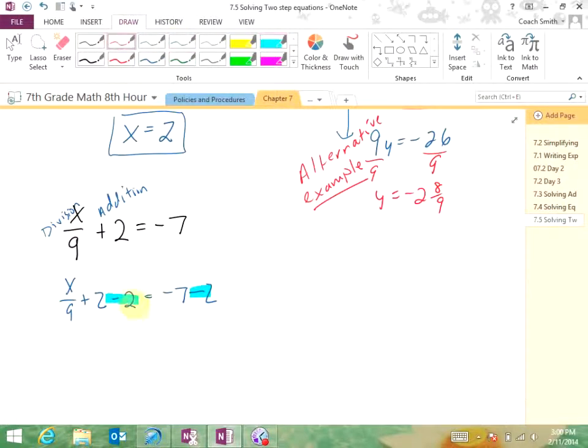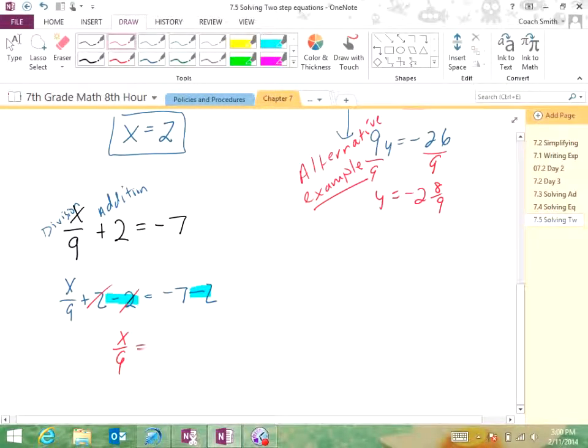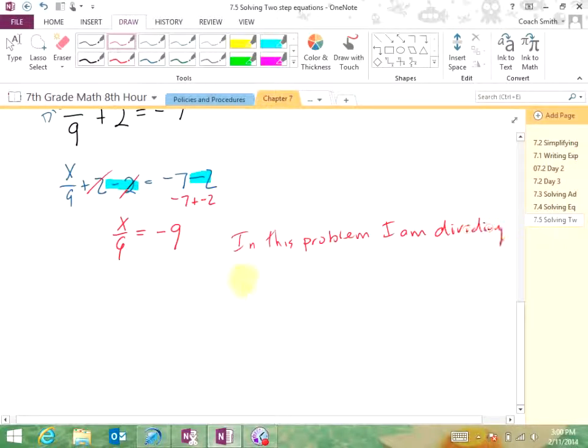So, on this side, these two cancel, leaving me with x over 9 equals, well, negative 7 plus negative 2, because we have to change subtraction to addition. Negative 7 plus negative 2 is what? Negative 9. Here's where it's a little different, but it's just the inverse. In this problem, I am dividing 9 into the variable x.